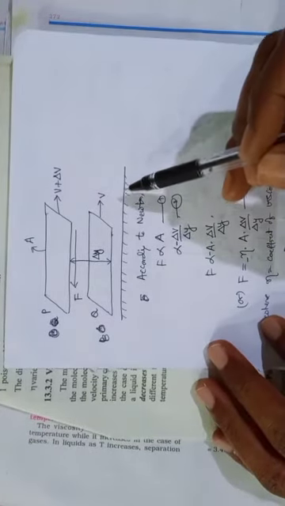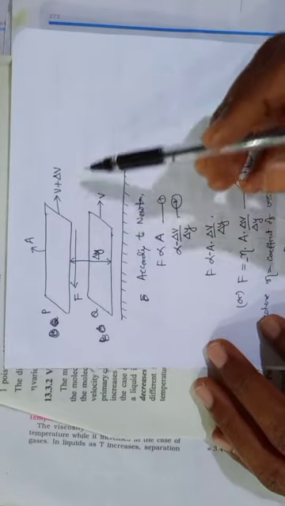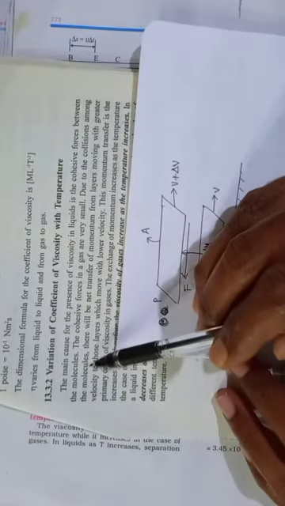So what he said, in case of gases, the molecules undergo collisions, and due to the collisions among the molecules, there will be net transfer of momentum from layers moving with greater velocity to those layers moving with lower velocity.